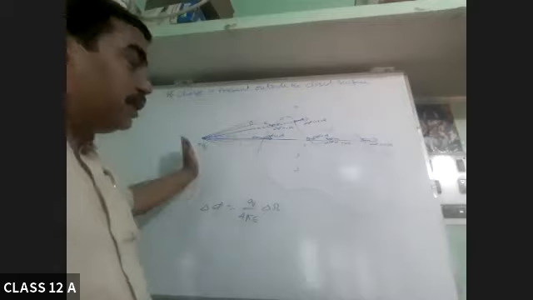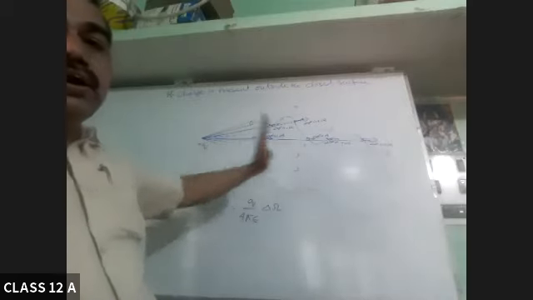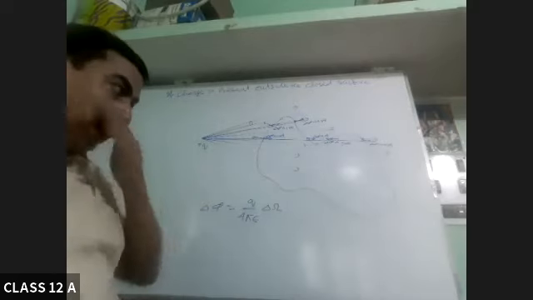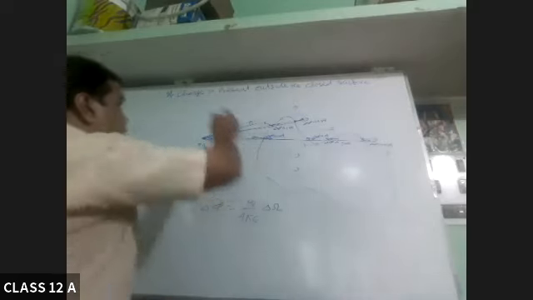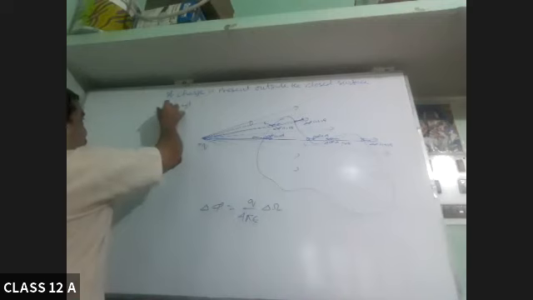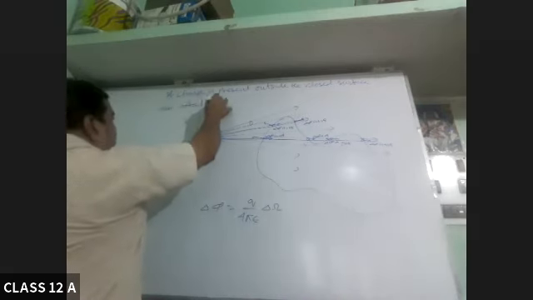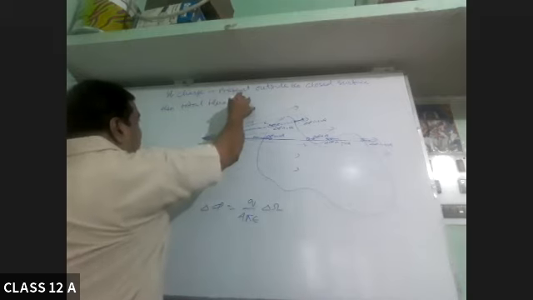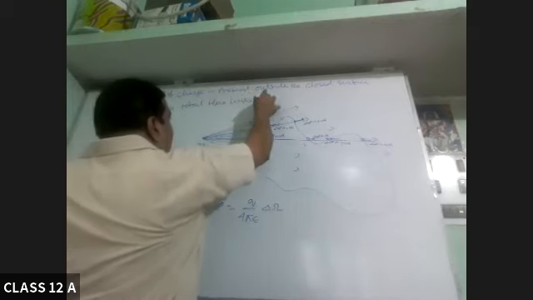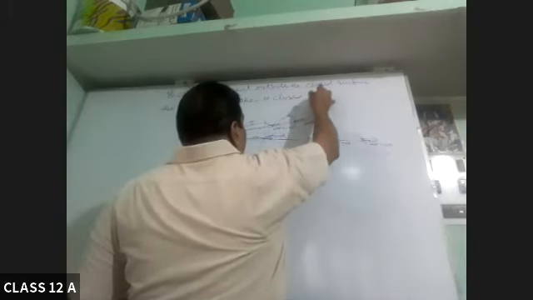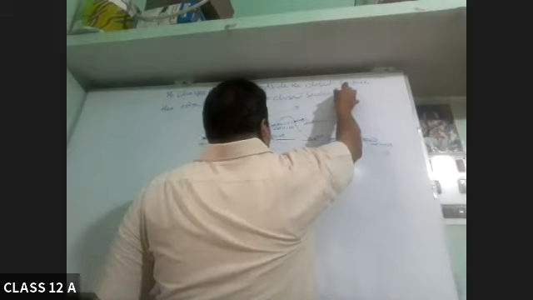So when the charge is present outside the surface, the net flux linked to the surface will be 0. Then the total flux linked to a closed surface will be 0.